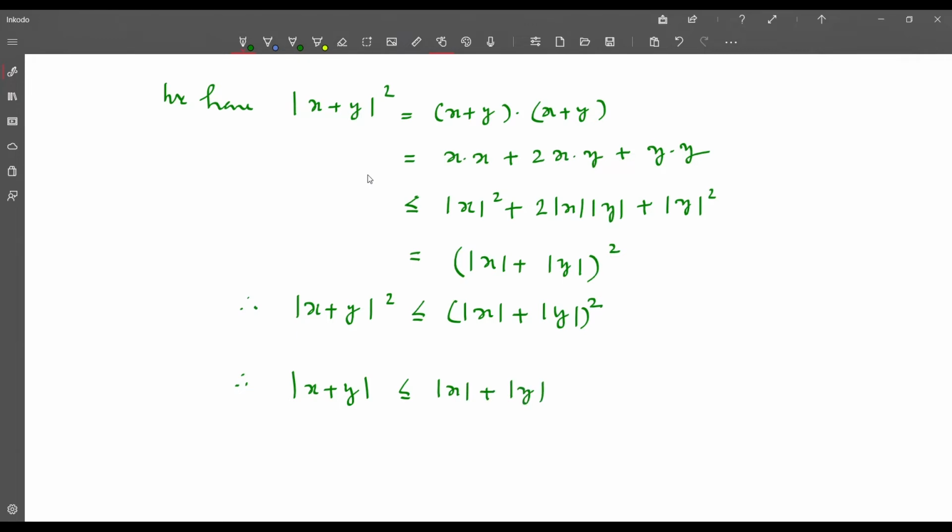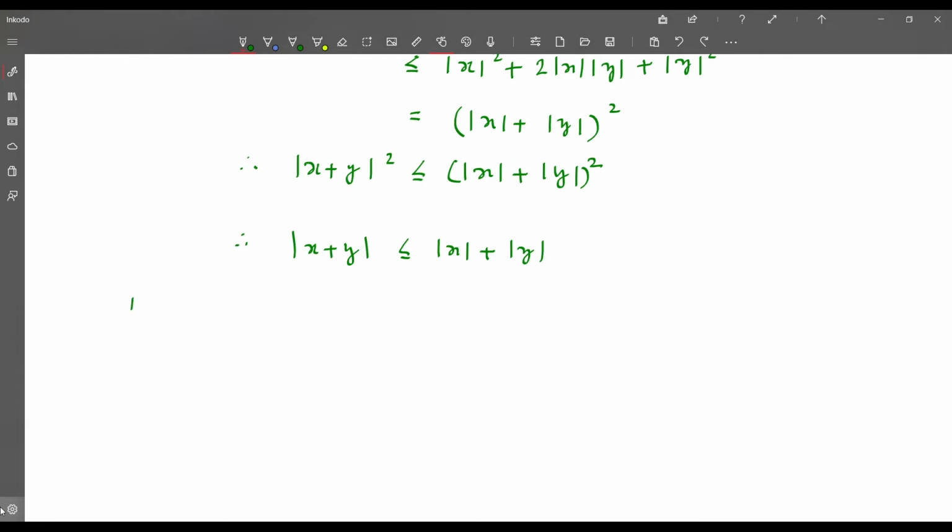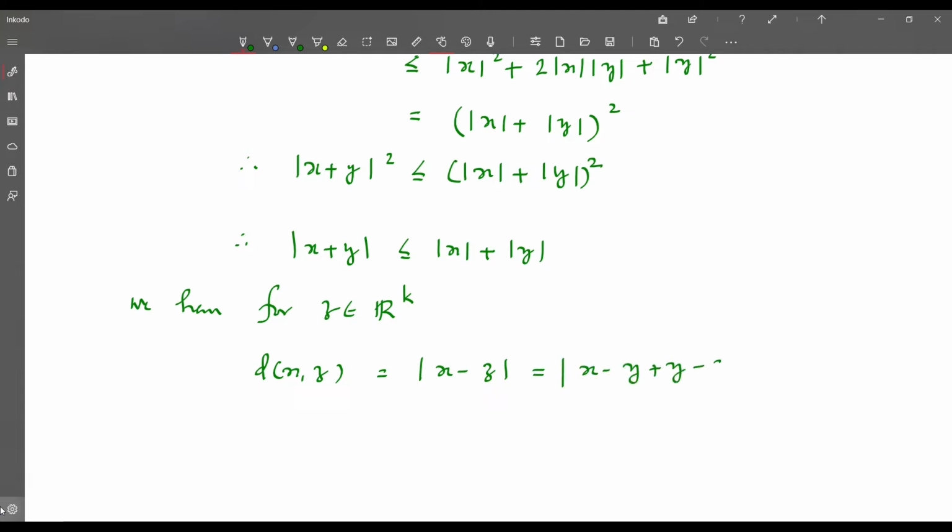Now we can prove the condition C. We have for z in Rk, distance between x and z is modulus of x minus z. So this is equal to modulus of x minus y plus y minus z. So this is less than or equal to modulus of x minus y plus modulus of y minus z by the triangle inequality.